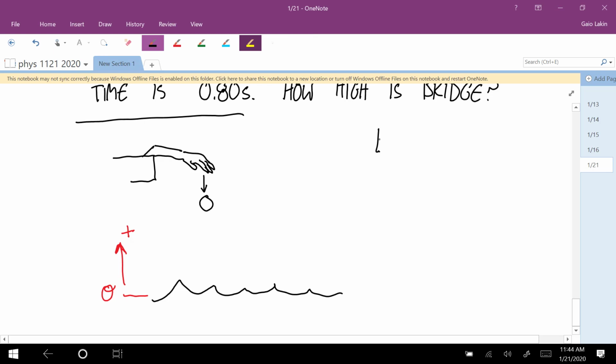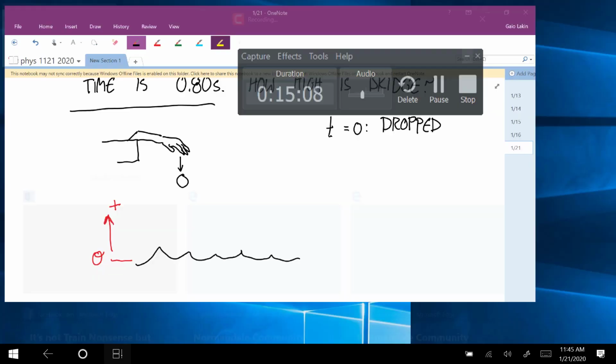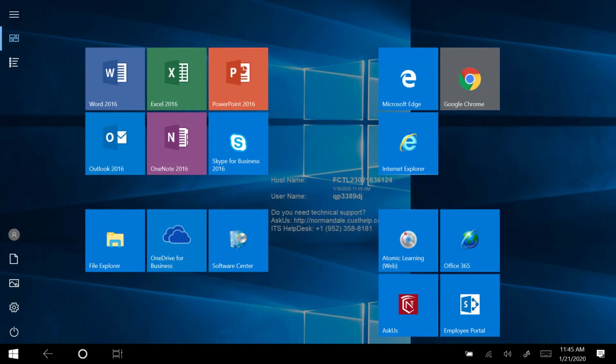And then I'm going to say my time equals 0 is the instant that it's dropped. My time t is going to be when the object hits the water.